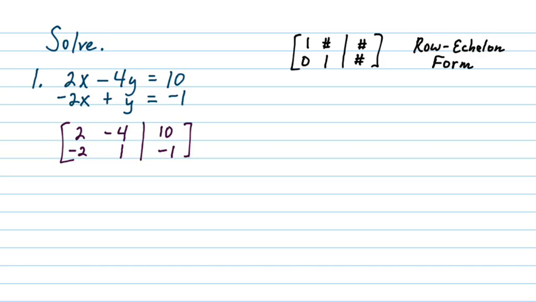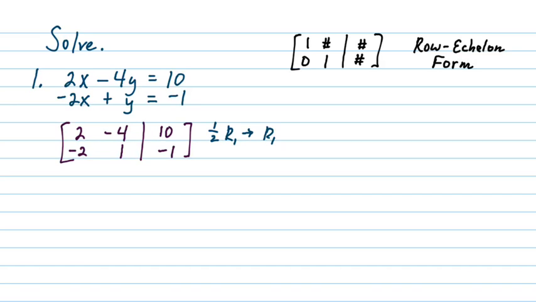In this case, I look at the first row and I notice that all of those numbers are even. In fact, if we divide everything by 2, we'll get 1 in that upper left-hand position, which is what we want. When we're doing matrix operations like this, we use multiplication, so instead of dividing by 2, we'll multiply by the reciprocal, which is a half.